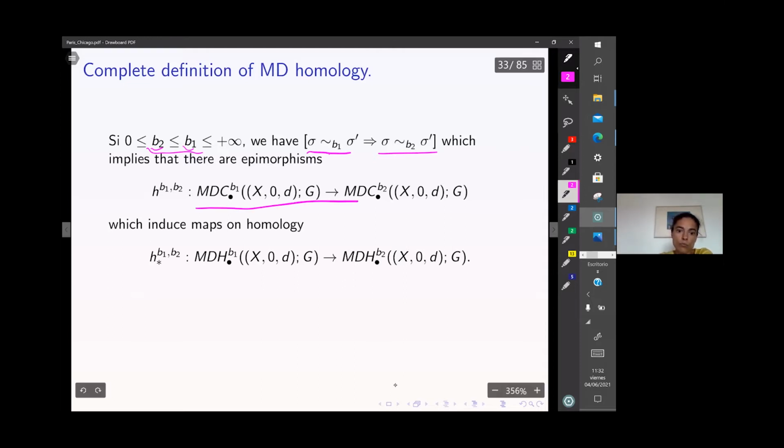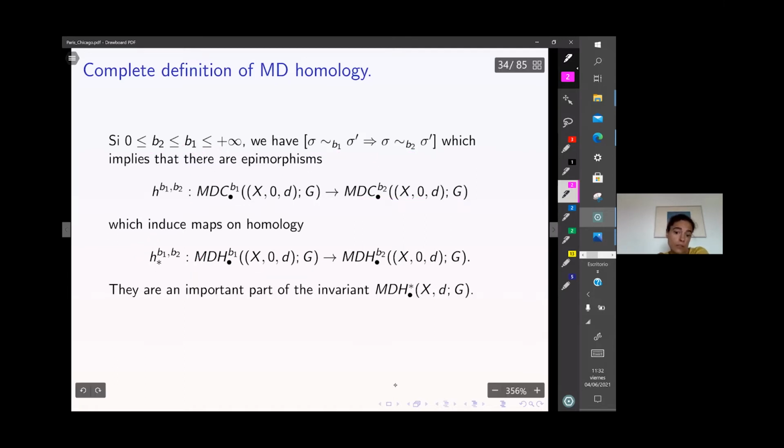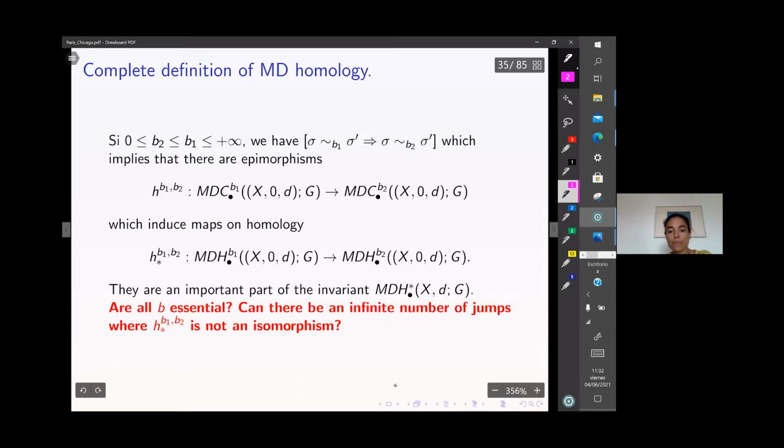This goes down to the formal sums, and then we take the homology, and we also have an induced map on homology. And they are an important part of the invariant. So the invariant is all the groups for any n and b, and whenever we have two b's, we have this map.